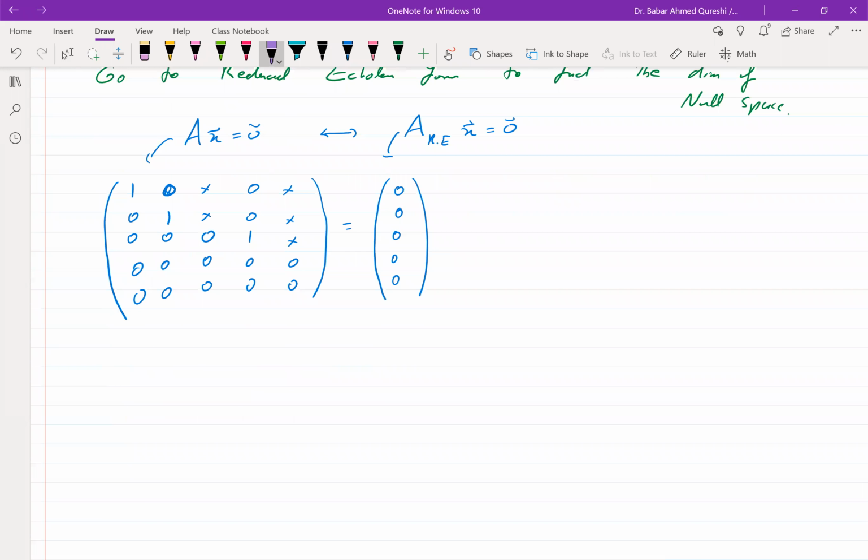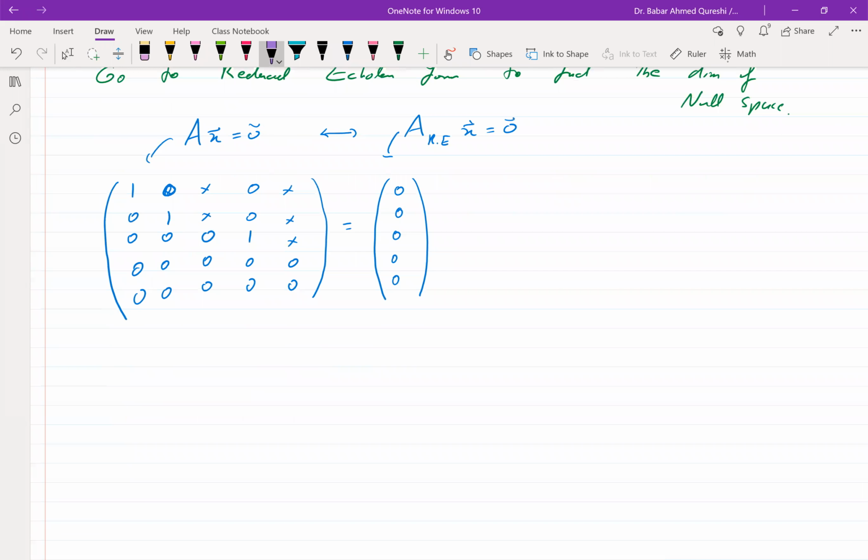We know that this is equal to the number of what we were calling lead variables. Over here, I have something like x3, x4, 5 variables in this example. Let's call it r.